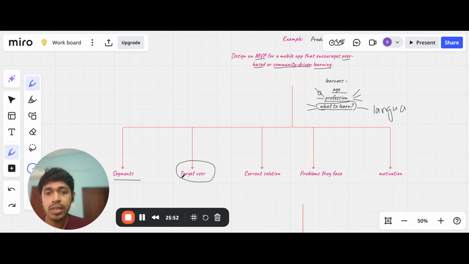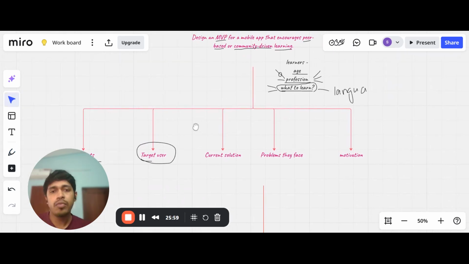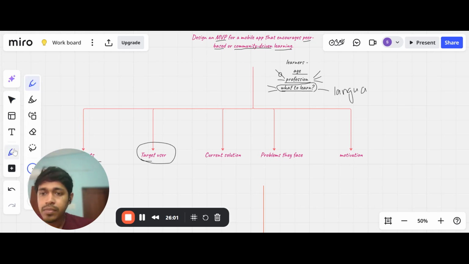You have to talk to the interviewer regarding the target user, because you cannot solve every pain point of all the segments of users, people who are trying to learn a new language and people who are trying to learn cooking. You cannot solve everything for all the segments. You have to actually pick one segment and then try to solve their problem. That is how you should always think, right?